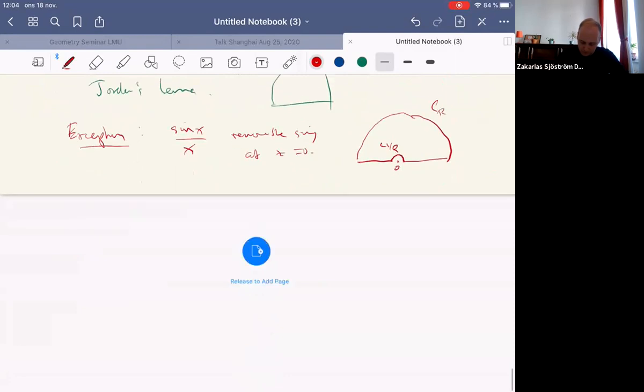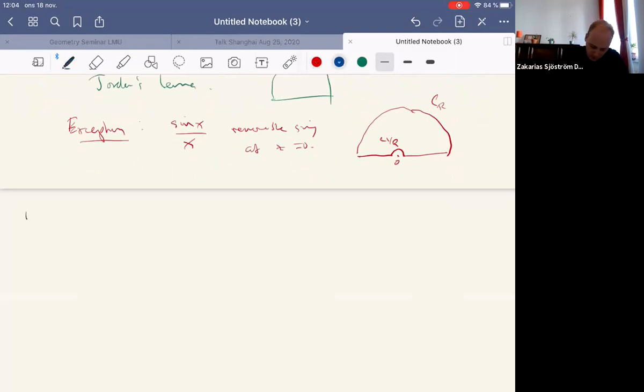The number 4 would be, so now we have branch cuts. So this is considerably more complicated.